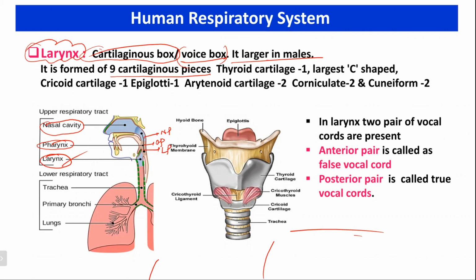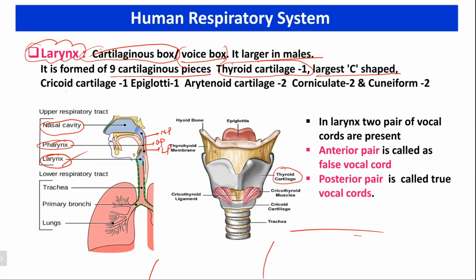You can see here I have shown a single thyroid cartilage. Where do you find thyroid cartilage? You can see in this diagram I have encircled one thyroid cartilage, the largest C-shaped cartilage. This is the largest piece of cartilage in the entire larynx. Most important.